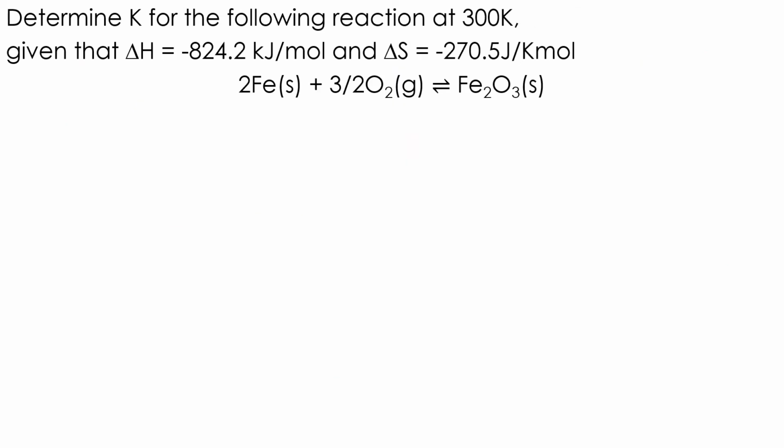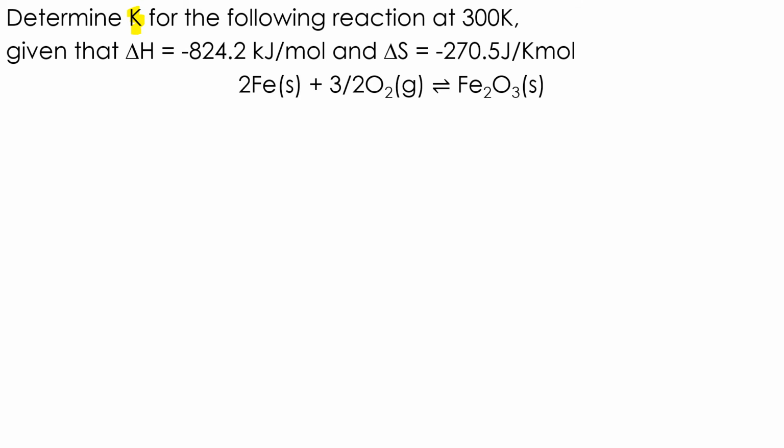We have here a problem about the formula that we just discussed. Determine K for the following reaction at 300 Kelvin, given that delta H is negative 824.2 kJ per mole and delta S is equal to negative 270.5 joule per Kelvin mole, and we have here an equation.